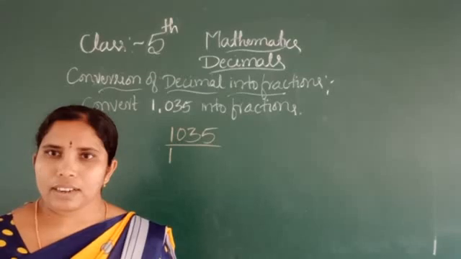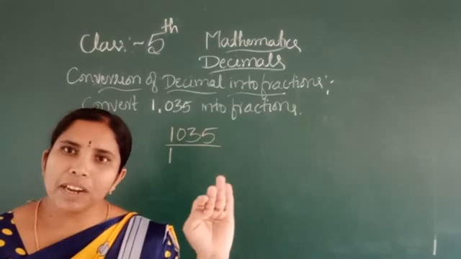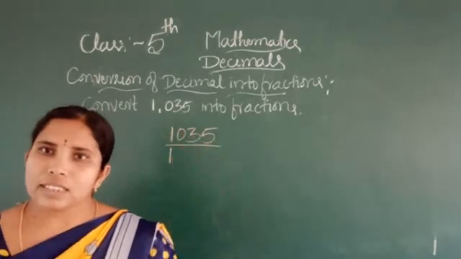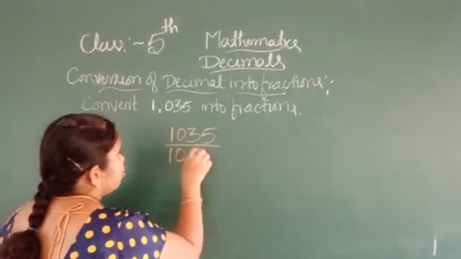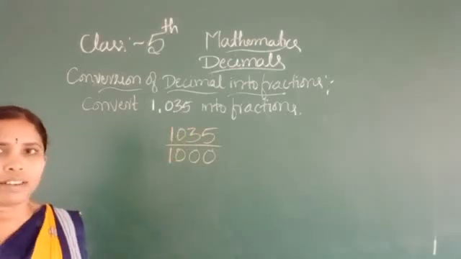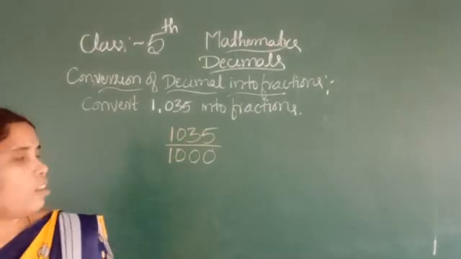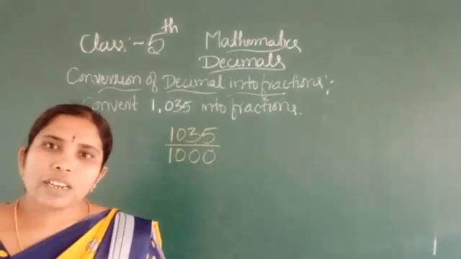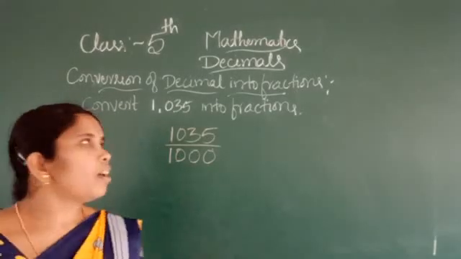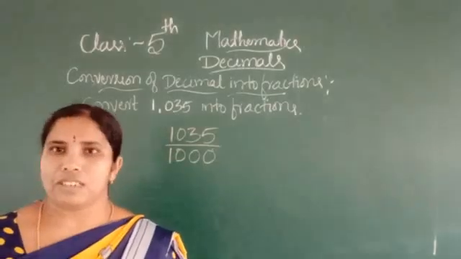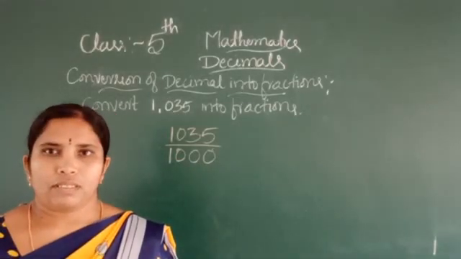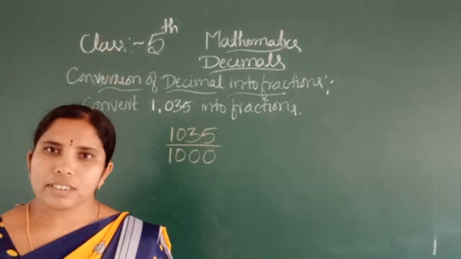There are 3 digits. So you write 1 followed by 3 zeros. This is the conversion of 1.035 into fractional form. Do you understand, students? Yes.